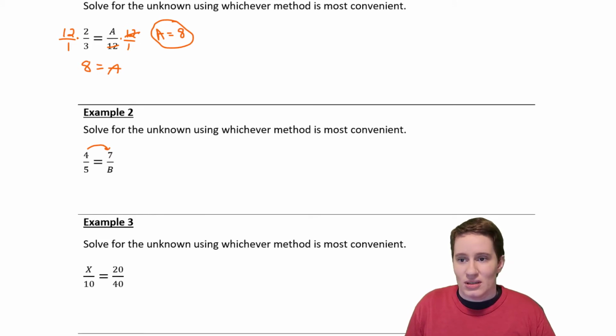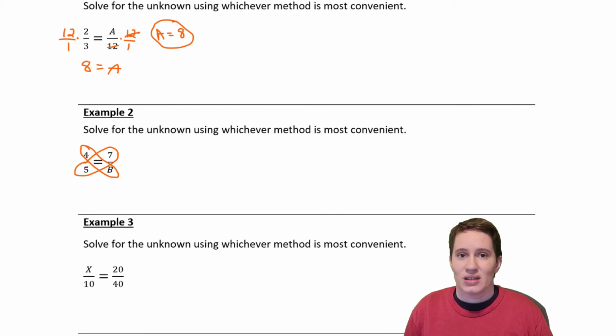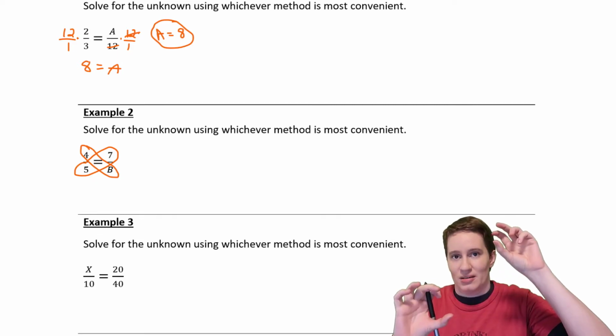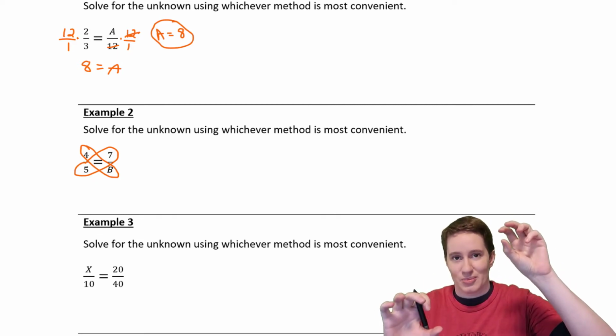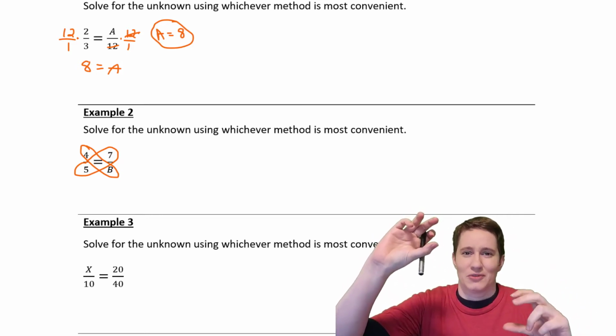So instead of doing that, what I want to do is this really cool method we have called cross multiplication. Cross multiplication says if you have two fractions that are on either side of an equal sign, we can multiply the top of one with the bottom of the other, and then do the top of the other with the bottom of the first, or however you want to say it.